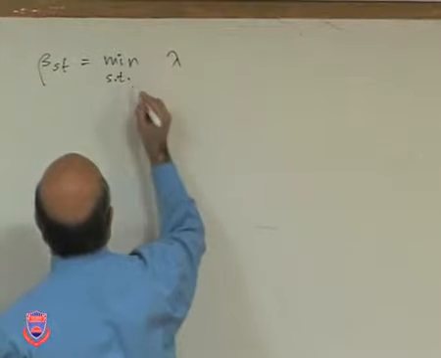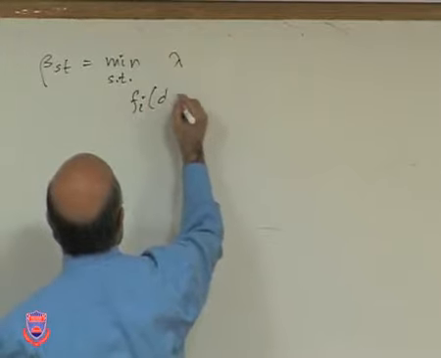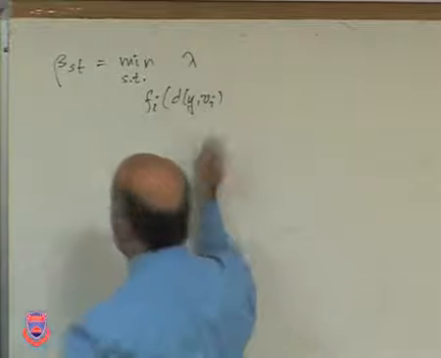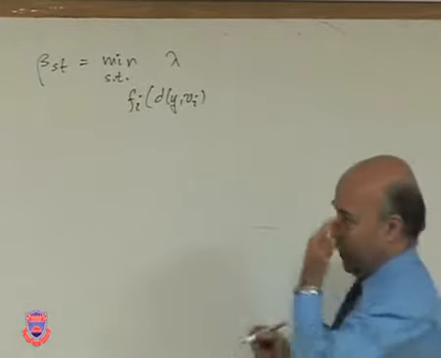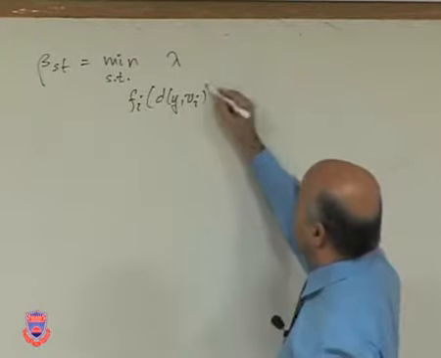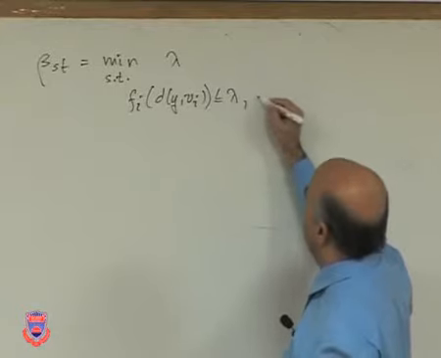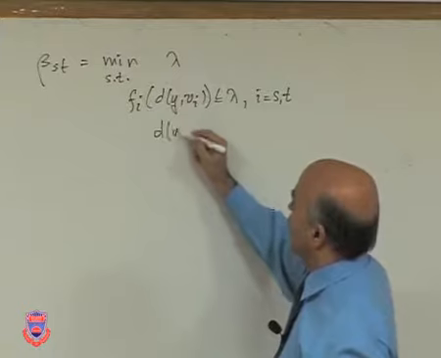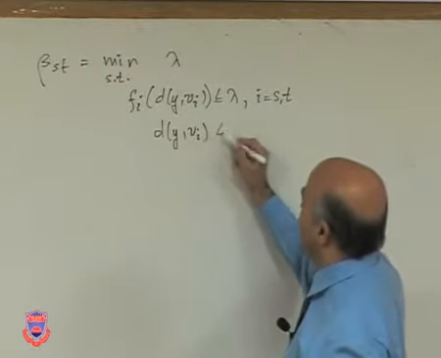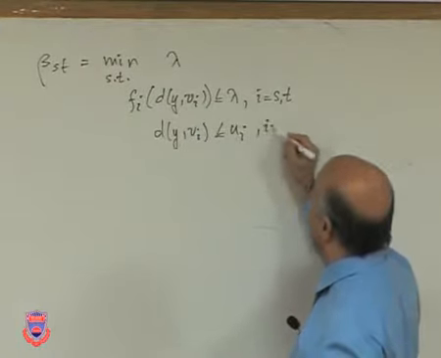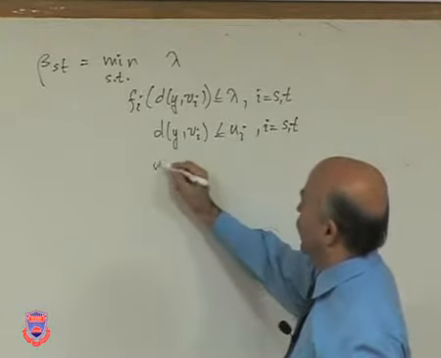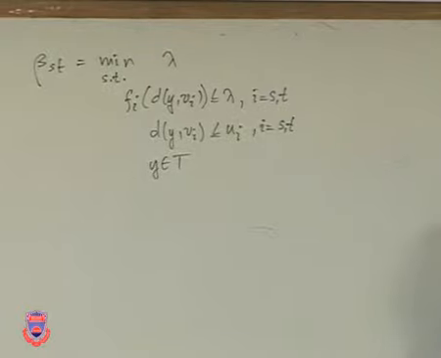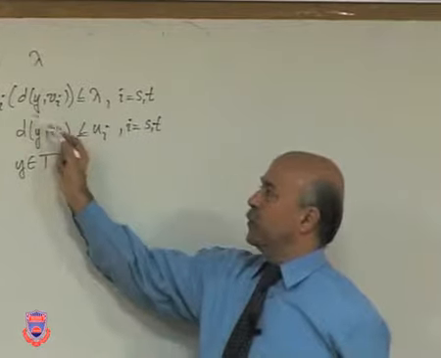Minimum lambda subject to fi Dy vi less than or equal to lambda for i equals s or t, and Dy vi less than or equal to ui, again for i equals s or t, with y being a point in t. Let me use y here because x is a fixed point right now. It's the one-center solution value for s and t.